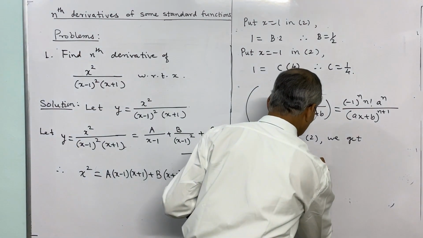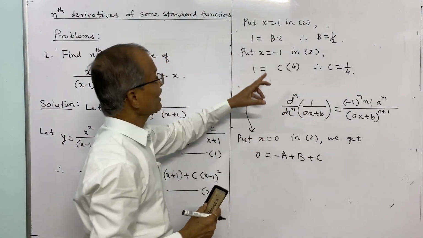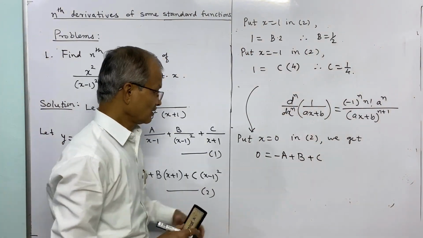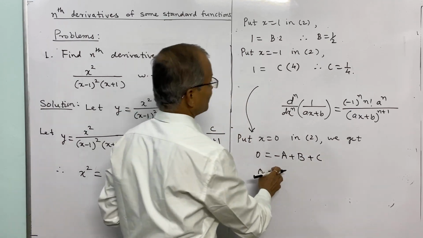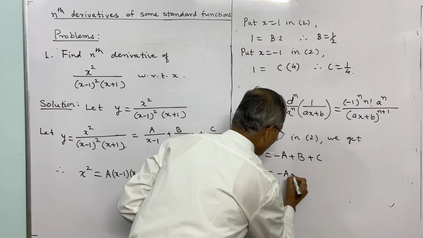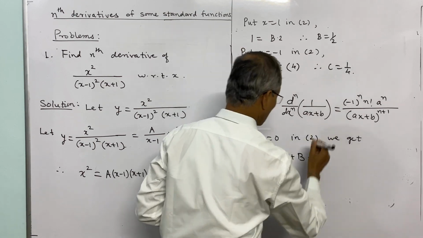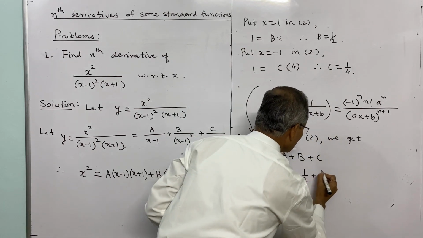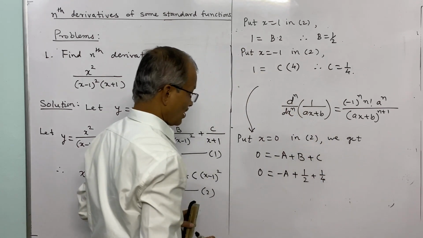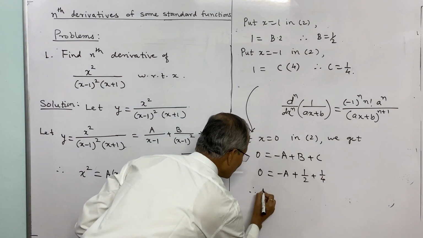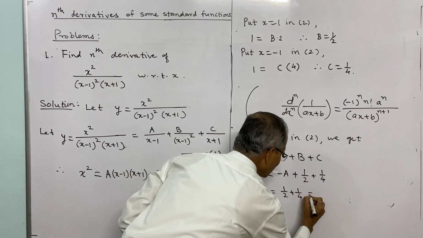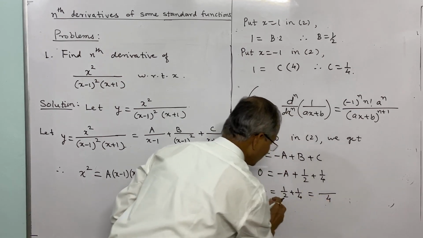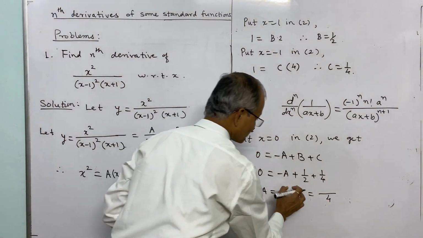You should check this. And now we use the value of b and c in this, so that is 0 is equal to negative a plus b. What is b is half, and what is c is 1 by 4. And thus a is equal to half plus 1 by 4. Take the LCM as 4 and multiply this by 2. 2 plus 1 is 3.